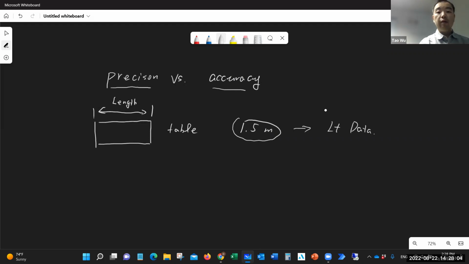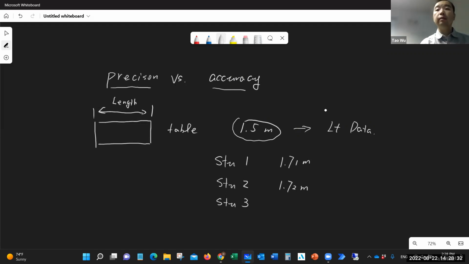And then we have three different students: student 1, student 2, and student 3. The three students are going to measure the same table with a ruler. The first student measures the table as 1.71 meters. The other one measures 1.72 meters.